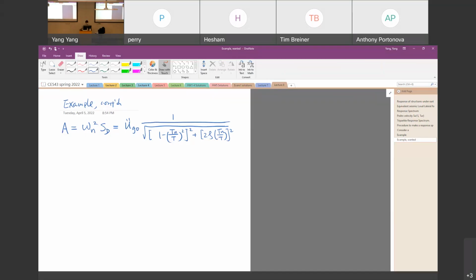And the actual acceleration amplitude, this is the real acceleration amplitude here. That's equal to, yeah, that's also given in your textbook.